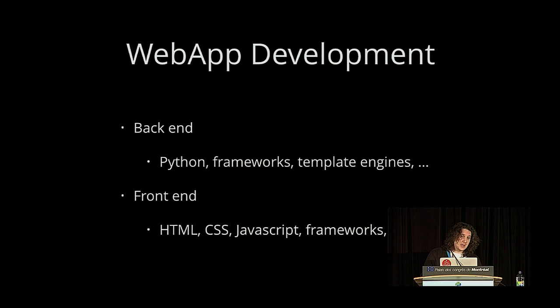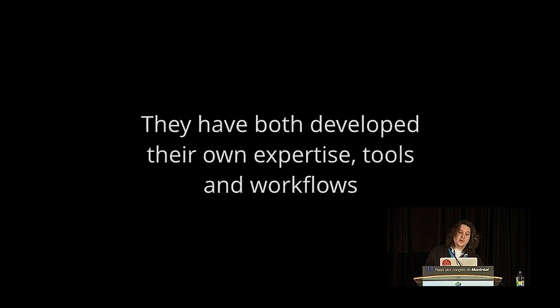They use frameworks too, like Angular, Backbone. They use preprocessors like Less, Sass, CoffeeScript, and a lot of stuff they're used to. So both have developed their own expertise, tools, and workflow. In some corners they overlap, and in others they are complementary.